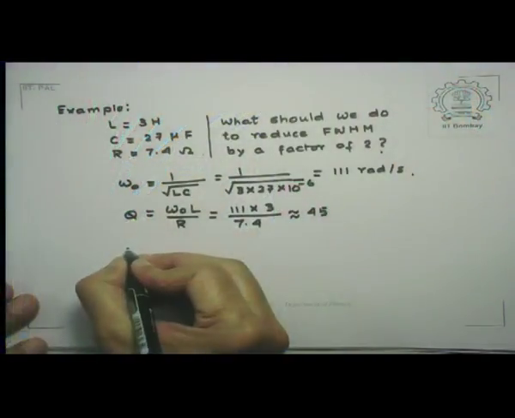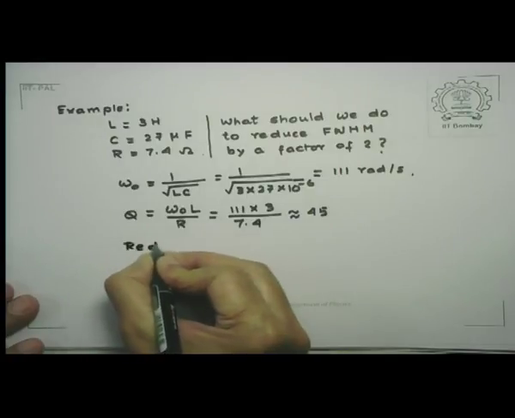That is because resistances can be varied by using variable resistances, and also it is possible to change capacitances. But manipulating L is a lot more difficult, and hence the best that you can do is to reduce R by a factor of 2. So the solution would be to reduce R by a factor of 2.